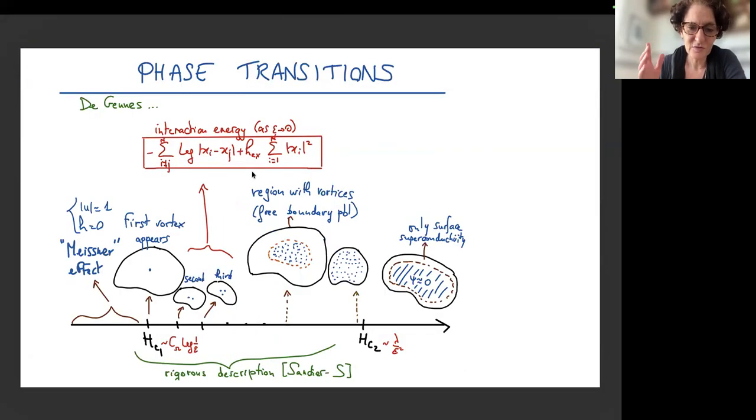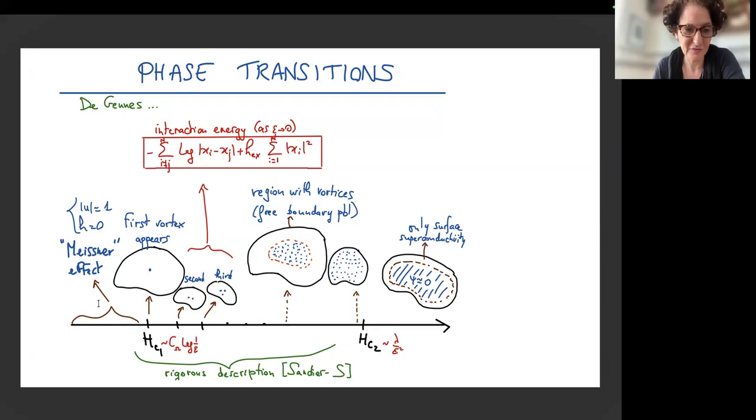So in 2D, the situation of the 2D model with magnetic field, with the gauge, with this external field, was studied some time ago now by Sandy and myself, and we rigorously proved this whole picture, basically, which is that when you're below H_C1, indeed, it's as predicted in physics, right?